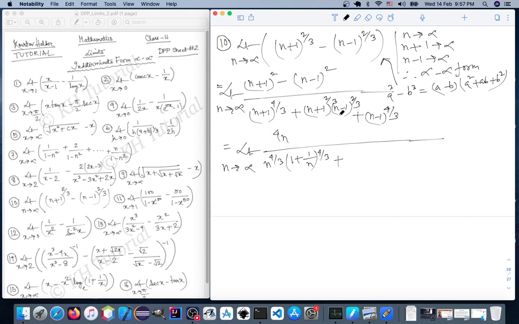The middle part is (n square minus 1) whole to the power 2 by 3, so we would like to take n square common, which will come out as n to the power 4 by 3, and over here we have (1 minus 1 by n square) to the power 2 by 3.